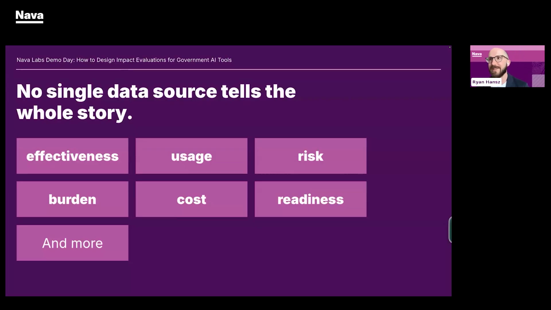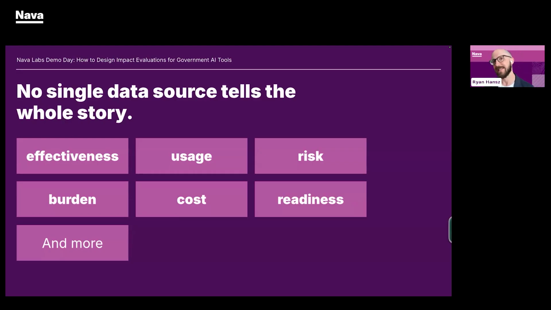And we know we need to do this because no single data source will tell the entire story. Michael's example earlier was a great example of why qualitative interviews can be a great supplement to product logs and observability. And then, we need different data sources to tell us about effectiveness of the tool, who is using the tool and who isn't. What's the risk?